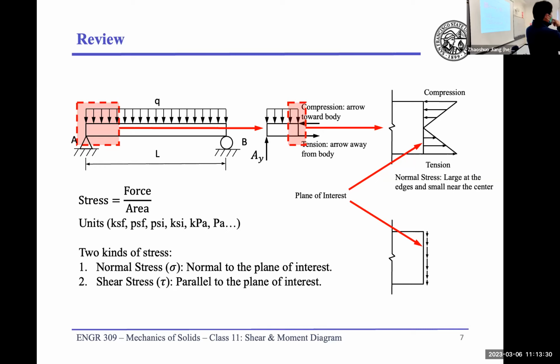In the middle, that is the neutral axis, your normal stress is 0. However, the shear stress is 0 at the edge. It keeps increasing, it's maximum in the middle, and then it decreases again and becomes 0 at the end. We're going to talk about the shear stress later on.